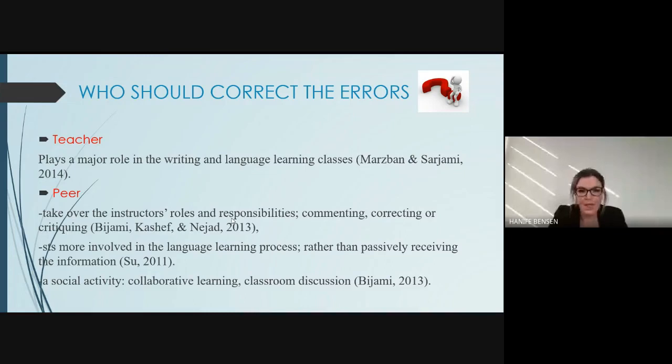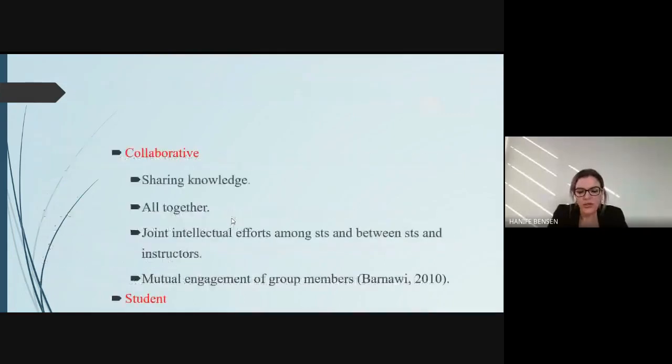The third agent that can correct students' errors is collaboratively. Now here we are talking about the teacher and the students in the classroom collaboratively sharing their knowledge all together. So there's joint intellectual effort among students and between students and instructors, and there's mutual engagement of group members.